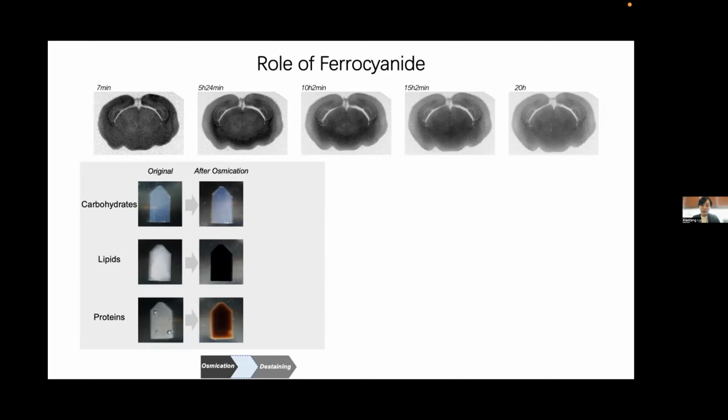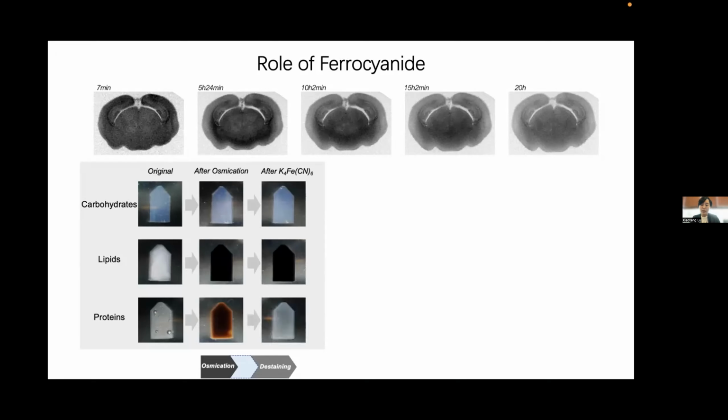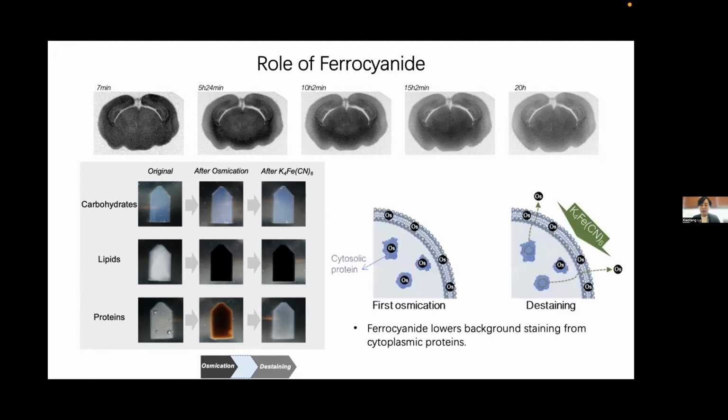After applying ferrocyanide, the first 2 blocks didn't change color, but the dark brown of the protein block faded away. This result suggests that ferrocyanide can dissociate osmium bound to protein. It therefore reduces X-ray scattering, but helps enhance membrane staining because it lowers background cytosolic staining.